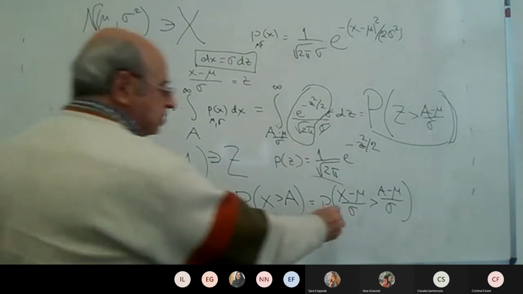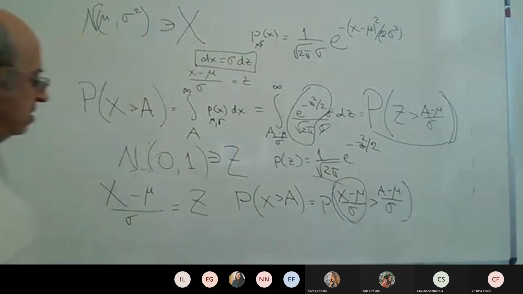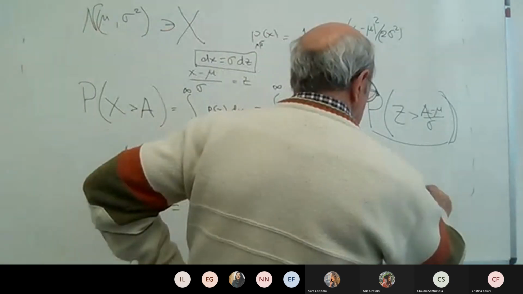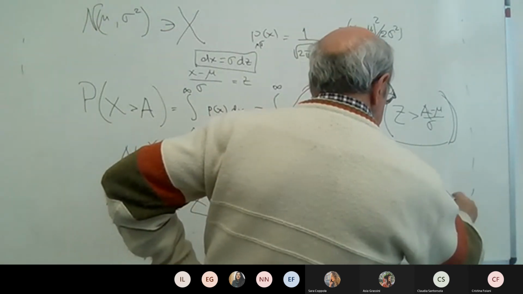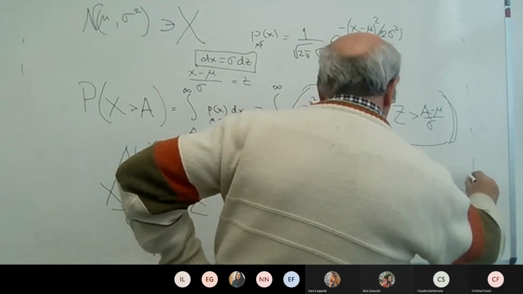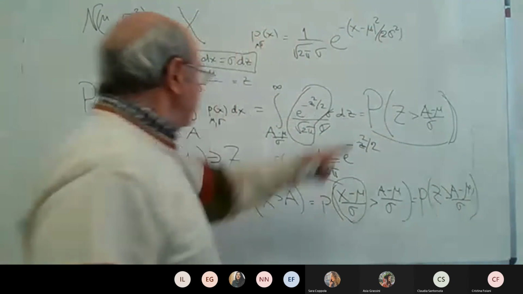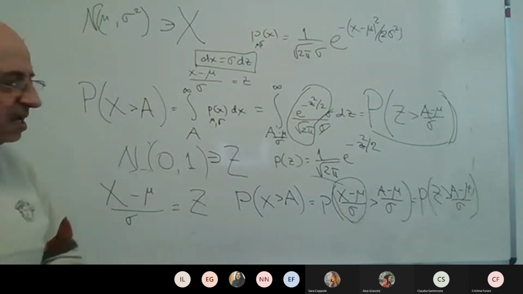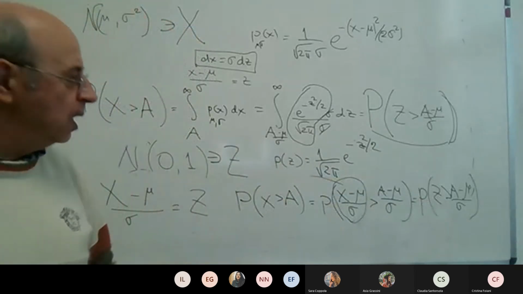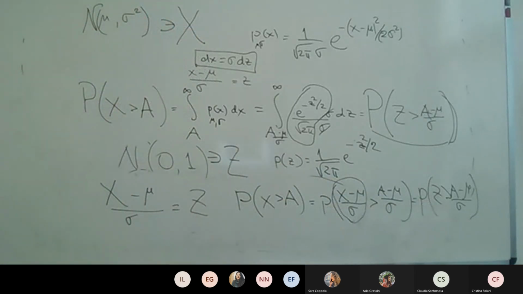And we know this, according to our calculation, is exactly the zeta standard normal distribution. And this is the formula that we already had: zeta bigger than A minus mu divided by sigma. This is the relation that we obtained that can be established also in this way. Okay.